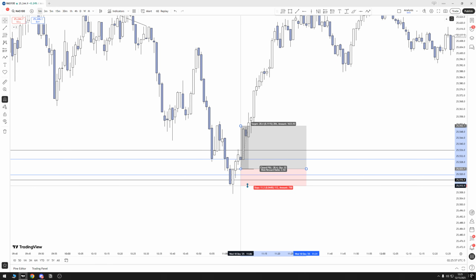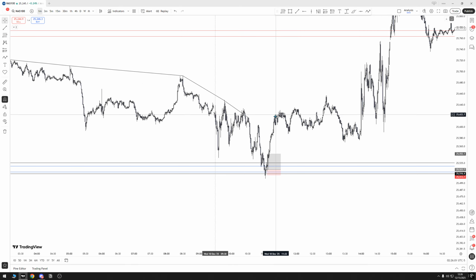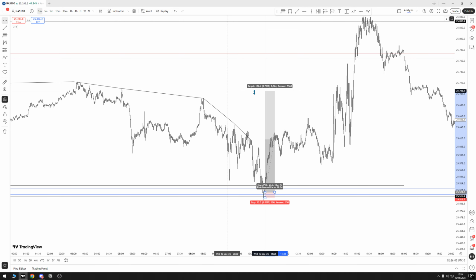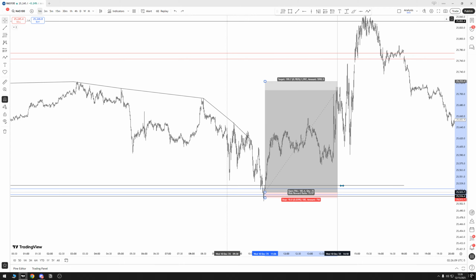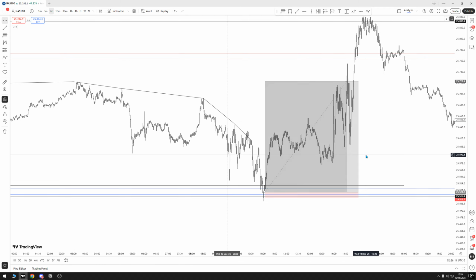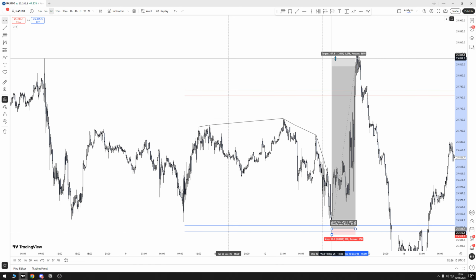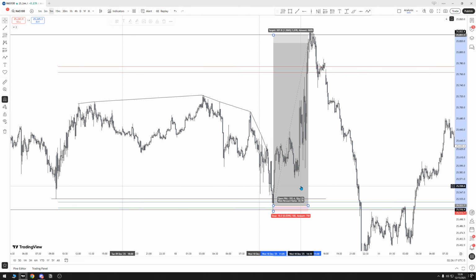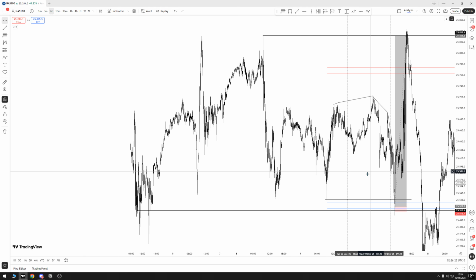I use a 10-point stop, and then I'm gonna TP over here on these highs or on these highs. It was FOMC day, so I might have held this towards my draw on liquidity, which is gonna give me 300 points with almost a 30R, which is crazy, right?